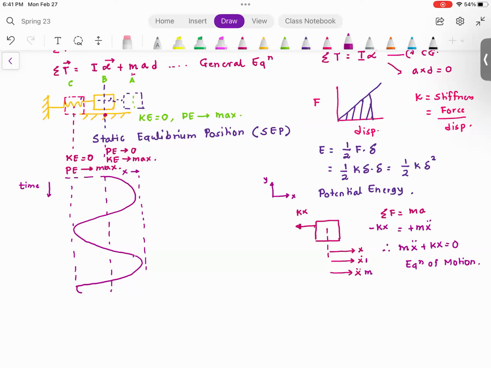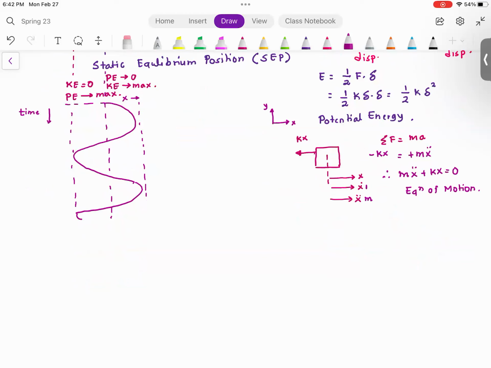Everyone understood this? Now, the next thing I want to talk about is an alternate approach for deriving this equation. The first approach is called the energy approach or Hamiltonian approach. Please understand, this is how it starts.